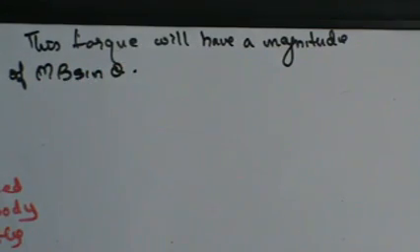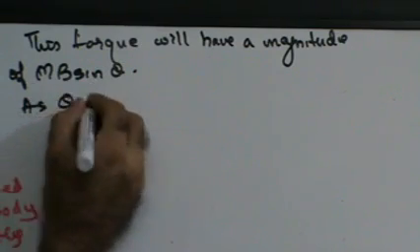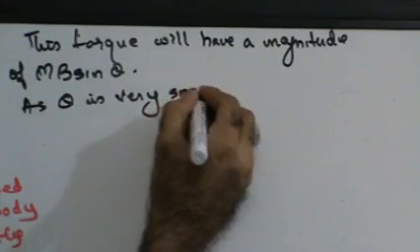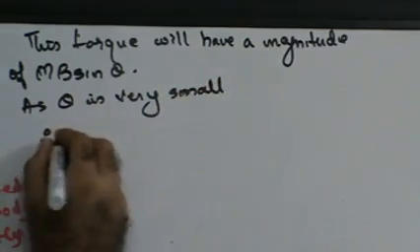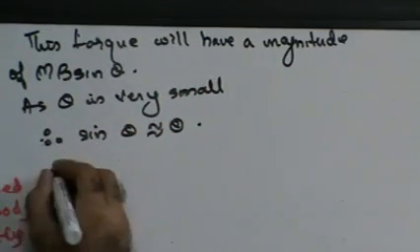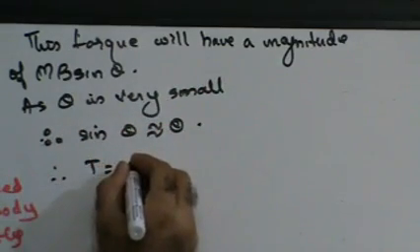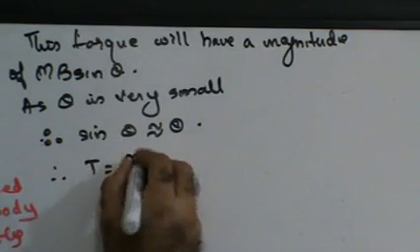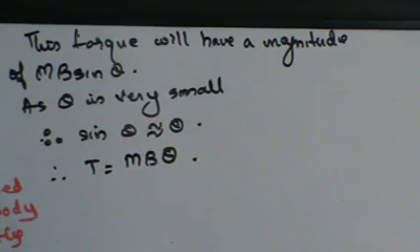In which case, as theta is very small, sin theta is approximately equal to theta. Therefore, the torque that will try to bring the magnet back to its original position will be nothing but mb theta.